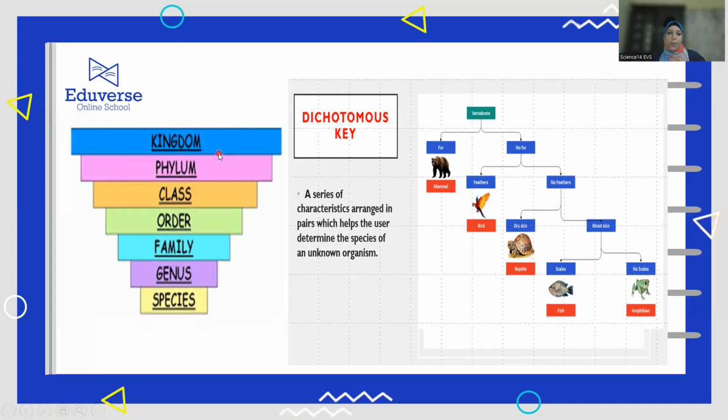Then we have other subdivisions or categories, which are phylum, class, order, family, genus, species. And these are the taxonomy hierarchy, or the different categories and subdivisions of living organisms. So each living organism will take the name of the genus and the species which it belongs to.